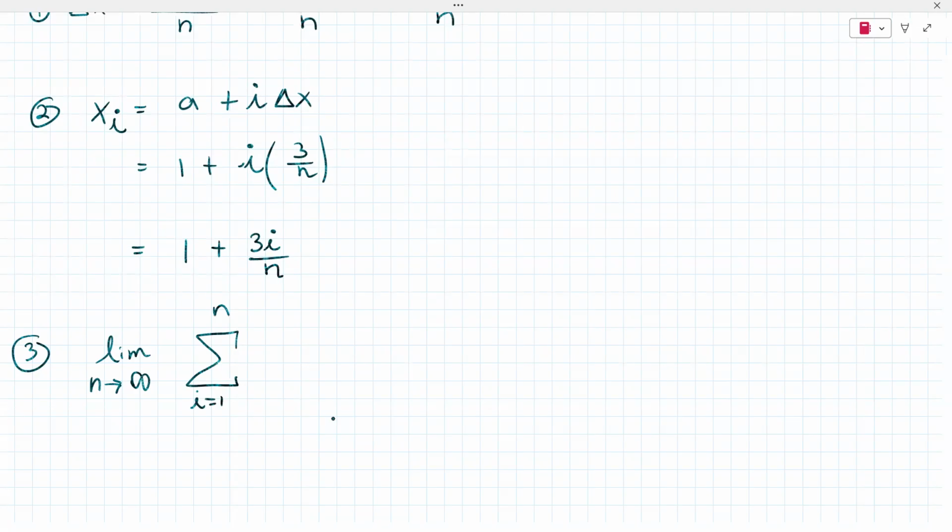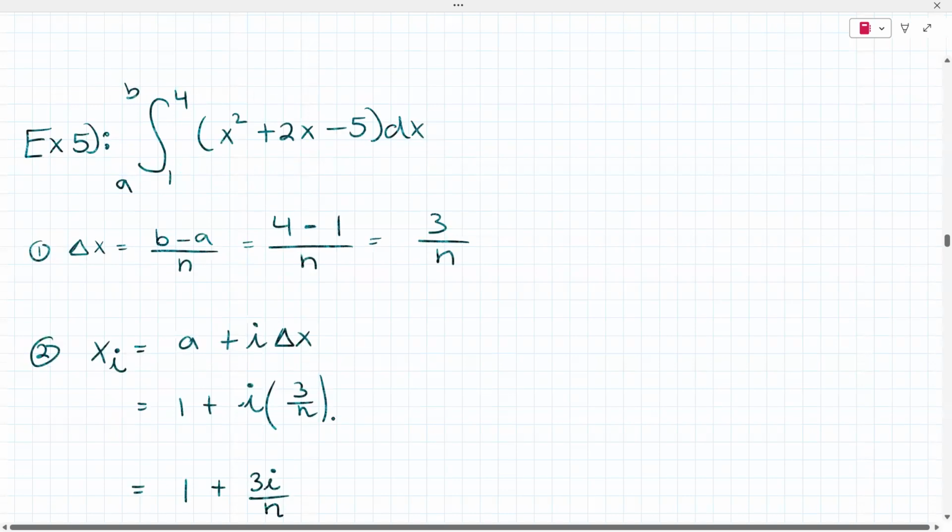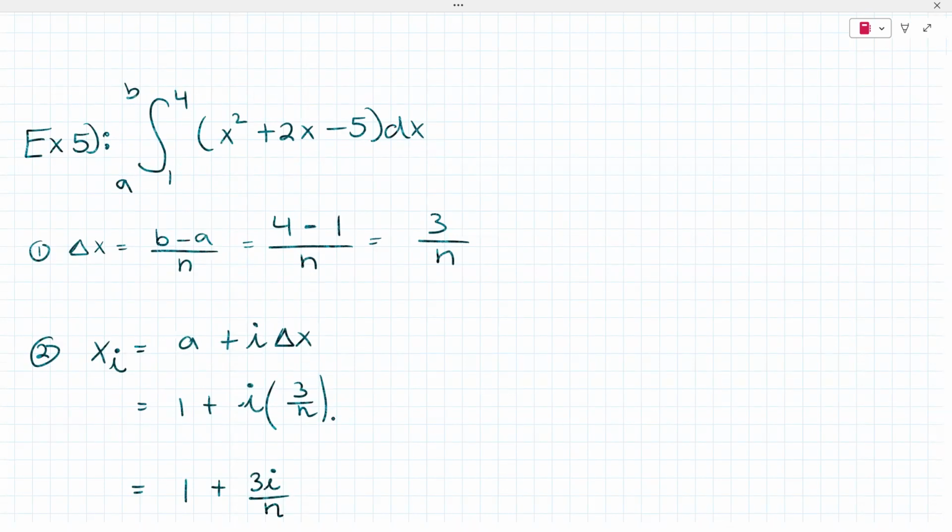If you look at our original, we have x squared plus 2x minus 5. You're going to replace x with xi. Yes, so replace, let me write this down.